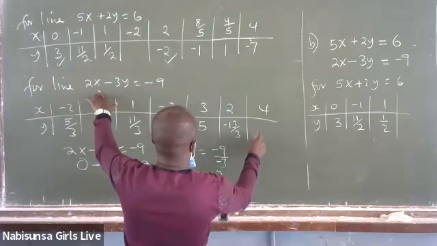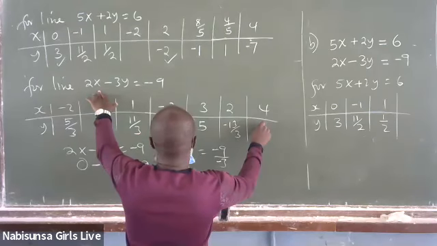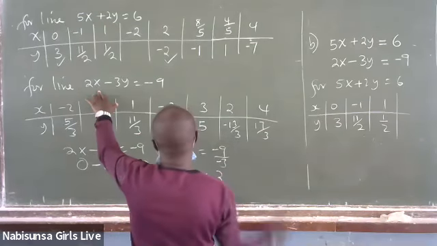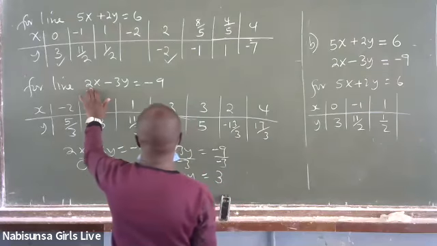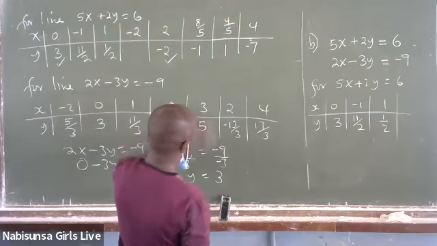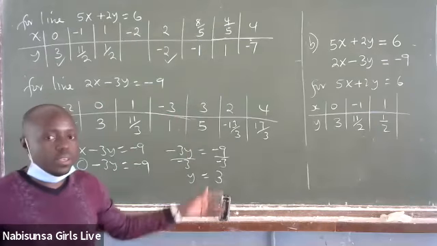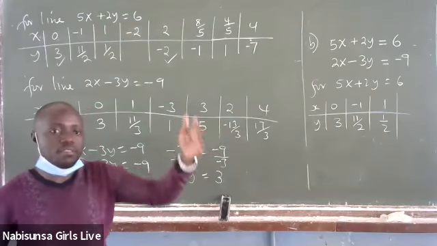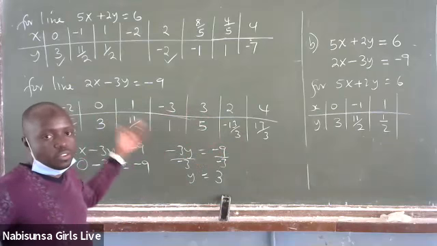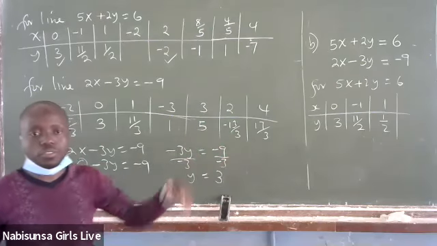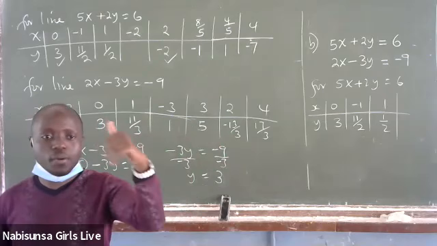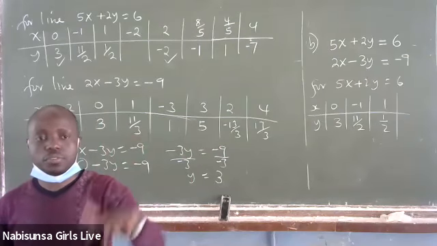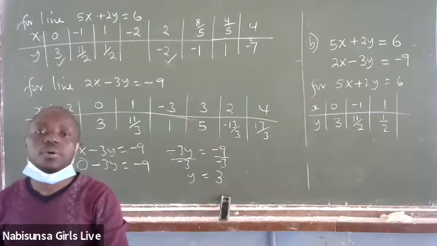Then with 4, I got 17 out of 3. So teacher, how are we supposed to plot? That's why I'm saying, with fractions, it is a bit tricky. But I've given you a variety of other values so you don't have to do fractions. So please use ours so as not to give you fractions. Okay.